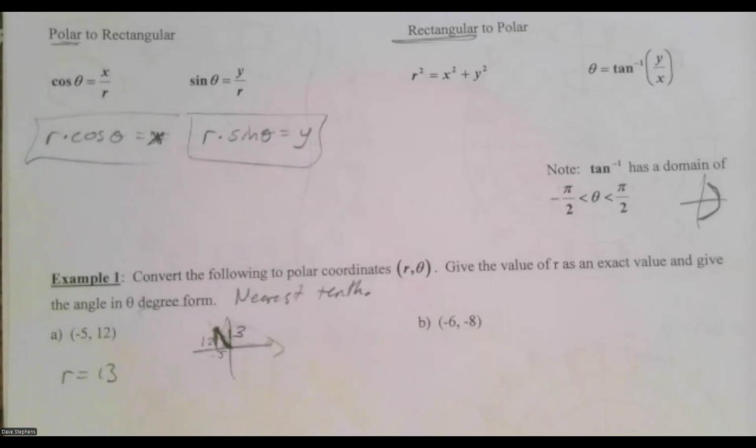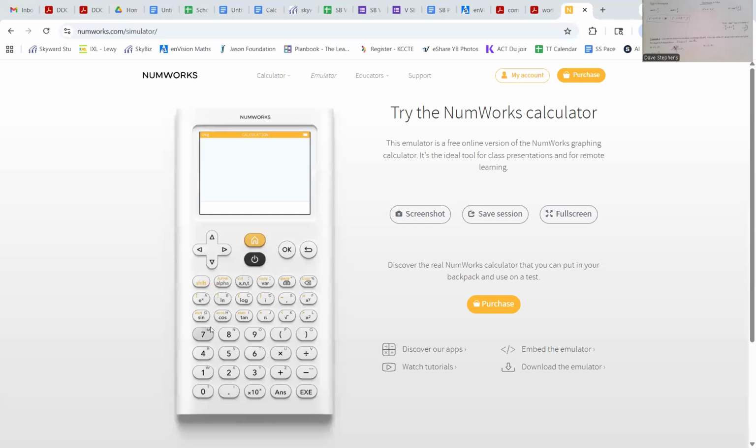So what I like to do, we're going to go to our graphing calculator, and we're going to type in tangent inverse, so arctan on the NumWorks, and we want y over x. So we're going to do 12 over negative 5. 12 divided by negative 5.